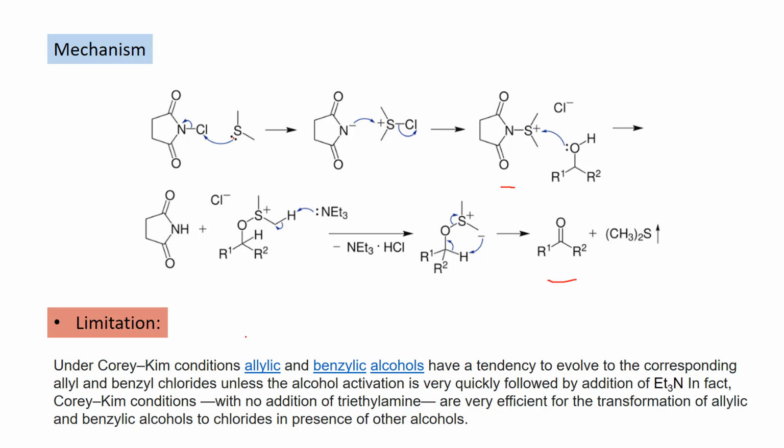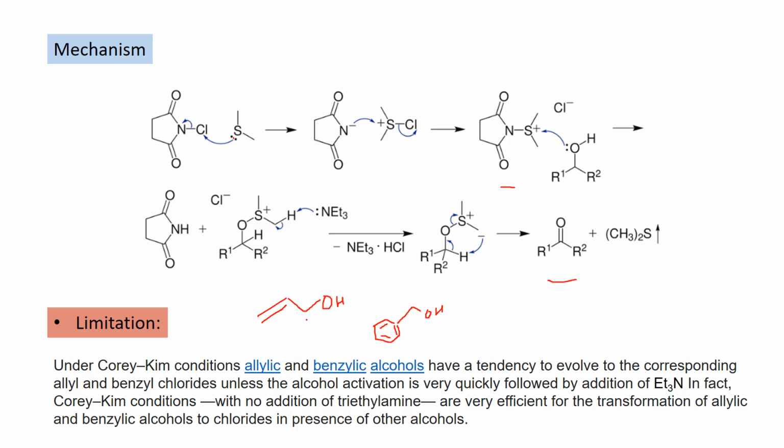It has a limitation: by this process you can only oxidize primary and secondary alcohols. If you take an allylic or benzylic alcohol, what will happen? NCS also acts as a good chlorine source for chlorination reactions.